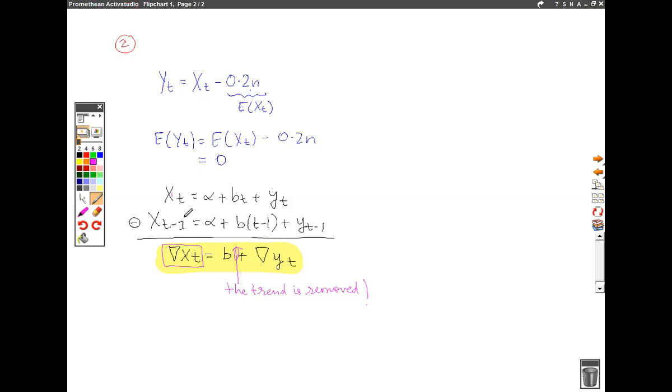Let's say I have 1, 2, 3, 4 data points, and I'm taking difference. I'll take 2 minus 1, 3 minus 2, 4 minus 3. So I have 3 differences, but 4 data points. So you lose 1 data point when you difference.